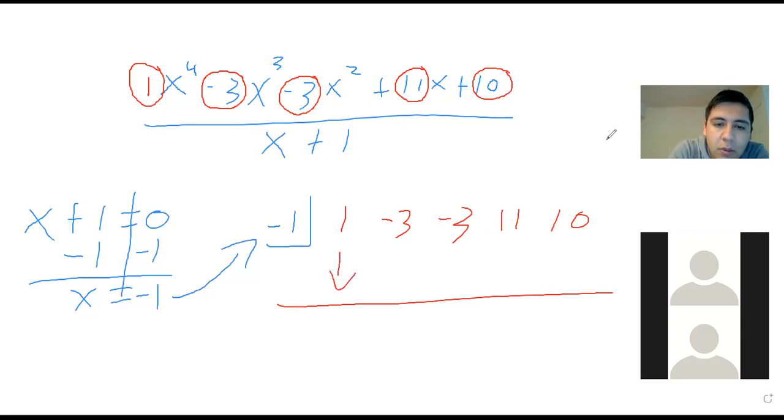Okay, so the process is we're going to drop down that first one, and then we're going to multiply 1 and -1. What does that give us? -1. Good.